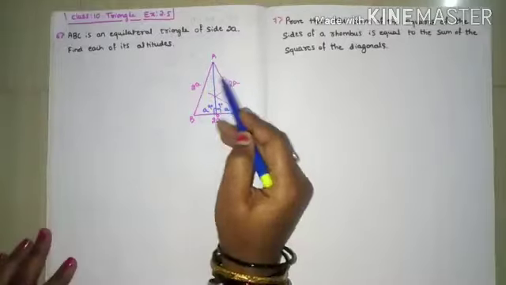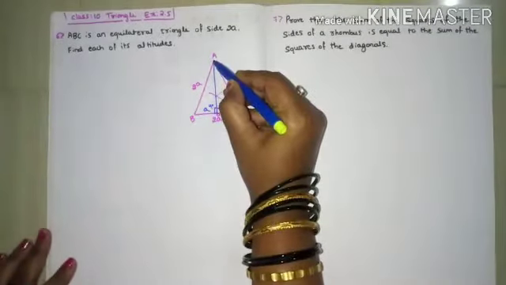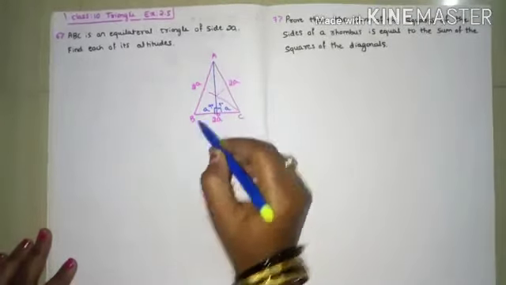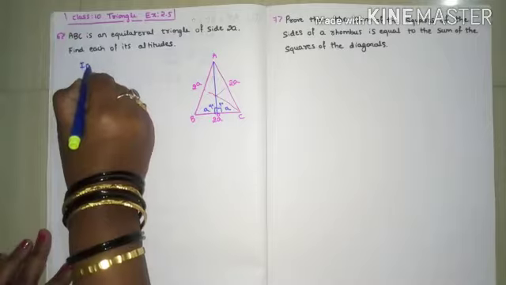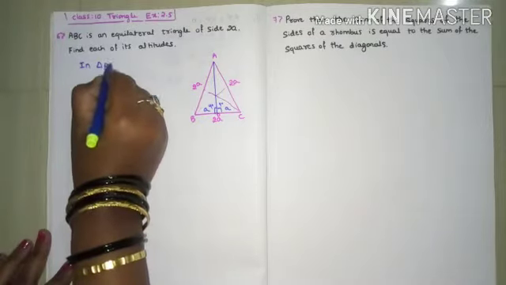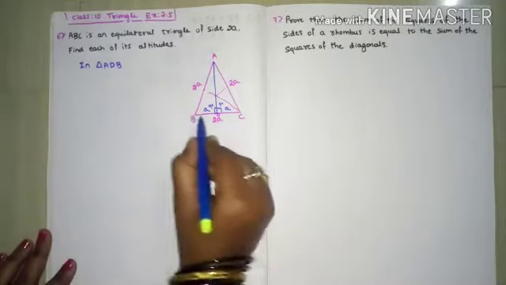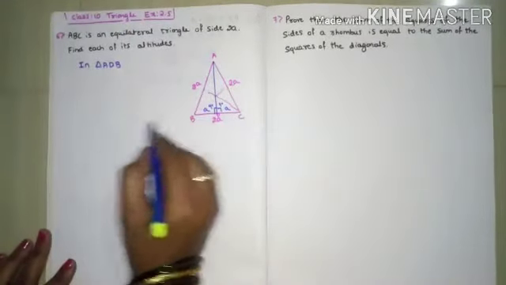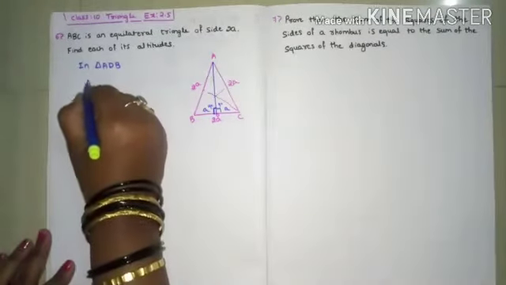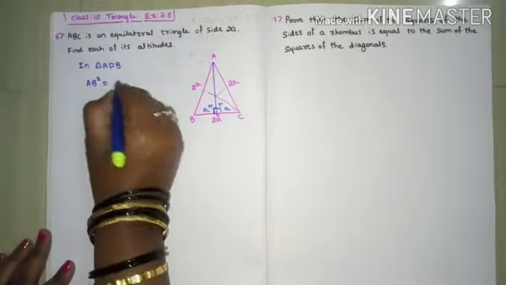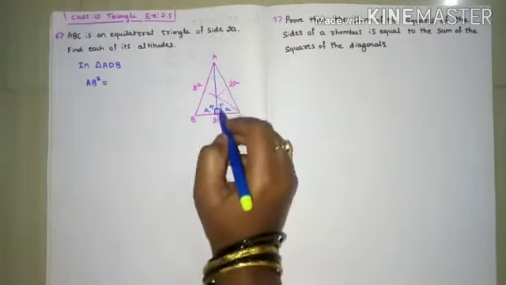We know the sides of the equilateral triangle here and we have to apply the Pythagoras theorem for the triangle ADB. In triangle ADB we have to apply Pythagoras theorem. Here it is 90 degree, means 90 degree opposite AB square. AB square is equal to square of the hypotenuse equal to sum of the squares of the other 2 sides.